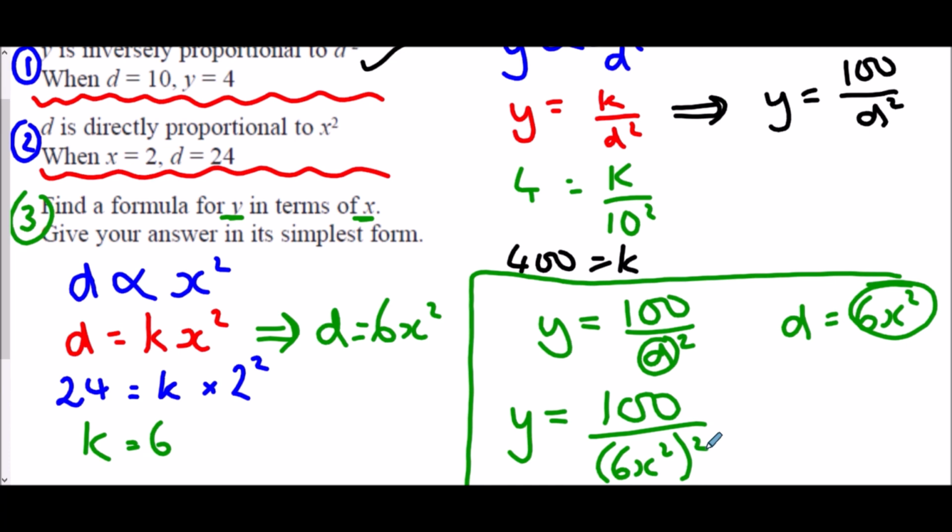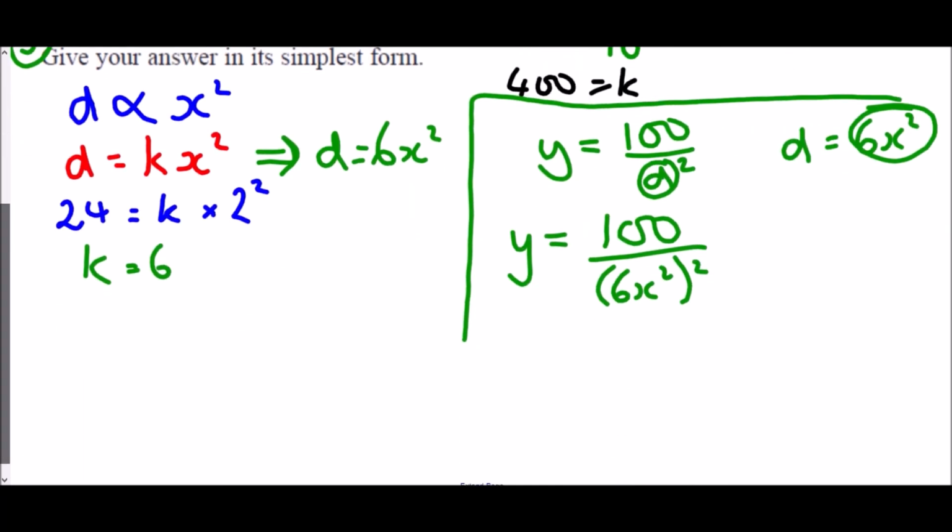Now this is not as simple as it could be, because we need to do a little bit of work with this 6x squared squared. So that means that y is 400 over. Now if I do 6 squared, I get 36. If I do x squared squared, well, the rule there is that you multiply the powers together, so x to the power of 4.